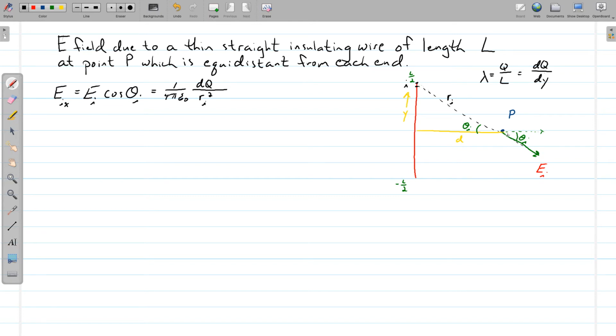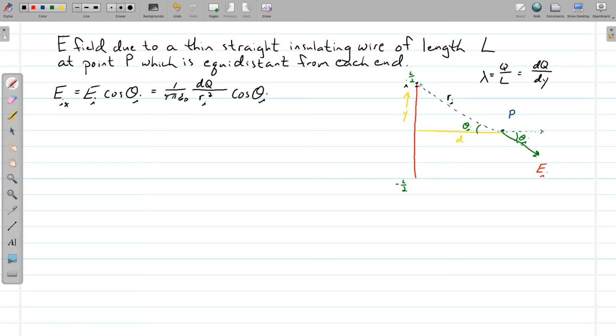But remember, we are only interested in the component in the x. So that is times cosine theta sub i. Now, there are a couple of things that we could substitute in.